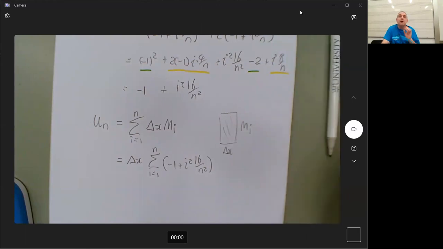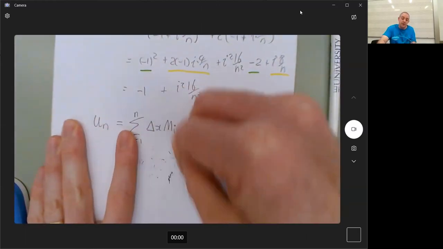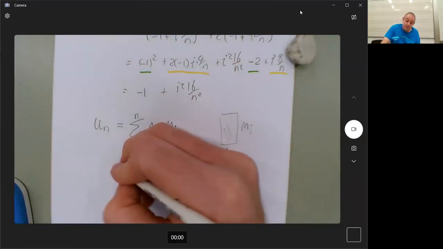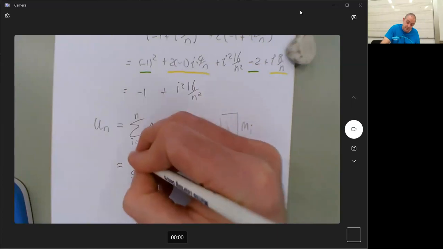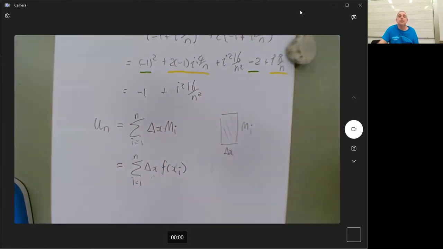Can I please put a line of working in between this? It's very important that I do this line of working. I'm going to put that in.